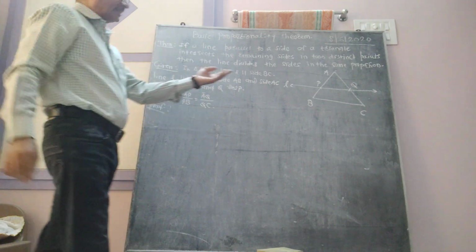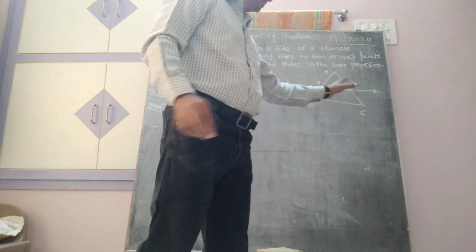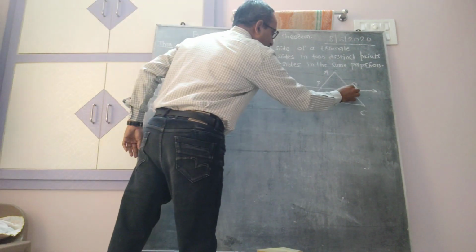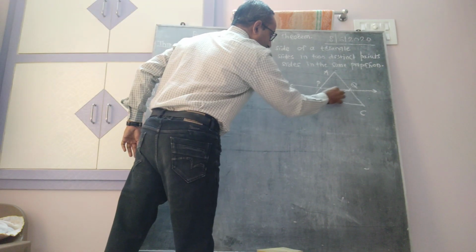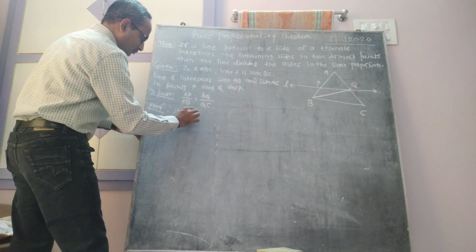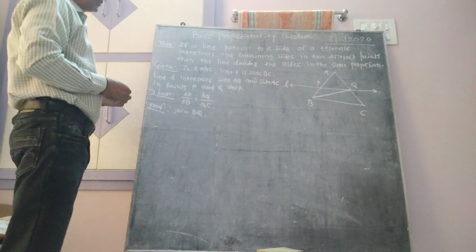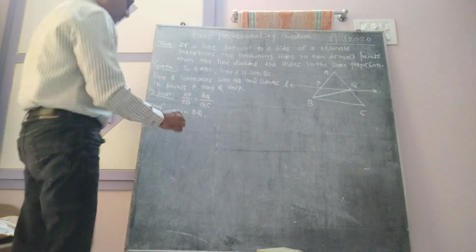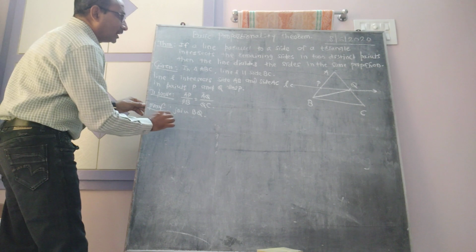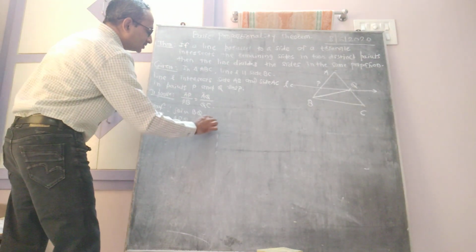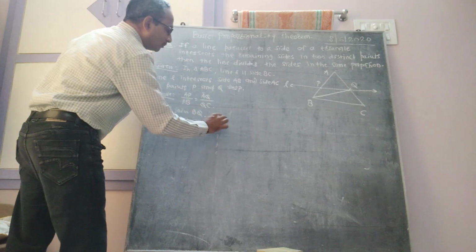So there are three steps for the proof of this theorem. First step is join BQ. By joining BQ, we get two triangles, triangle APQ and triangle BPQ.